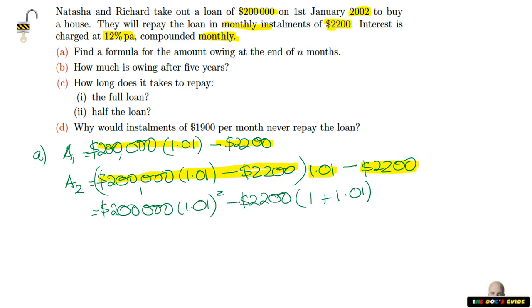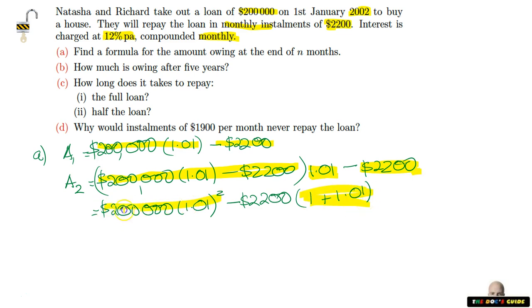But at this stage, if we rearrange that, and this is the bit which often is tricky, I guess, if you're not remembering that you're after a sum of a GP, we've taken out our $2,200 as a common factor, our negative $2,200, and it's left us with 1 from this term and 1.01 from this term, so we can see the beginnings of our GP.